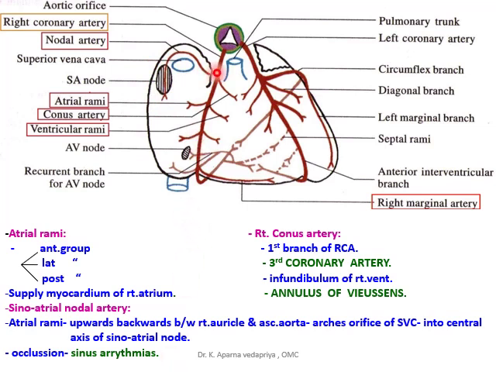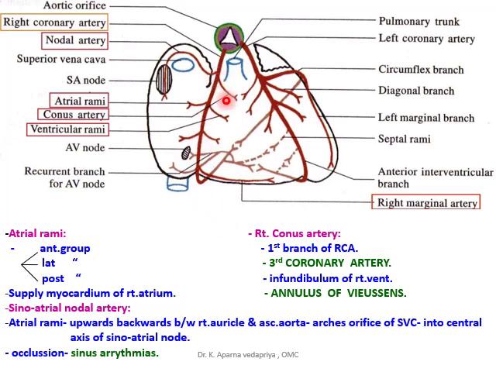And one of the ventricular rami, the superior one, is called the right conus artery, which can also arise before the nodal artery. So it is also regarded as the first branch of the right coronary artery.